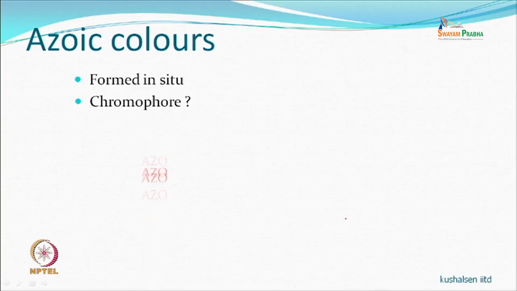So the chromophore is an azo group, and this generates when the diazotized base is reacted with a naphthol. All right. So the affinity of a naphthol comes into issue. So what kind of naphthol do you want?